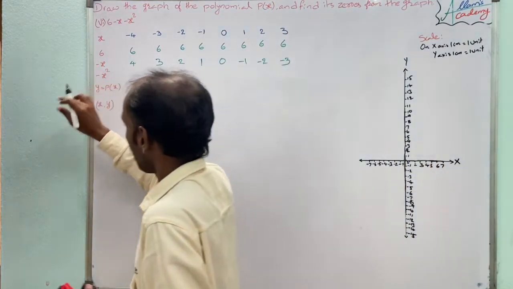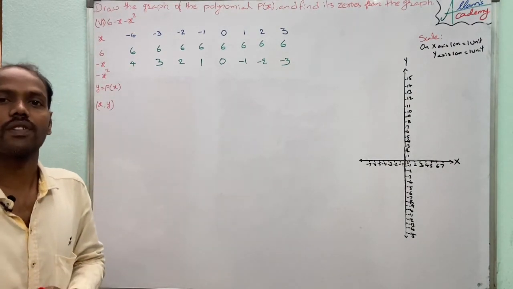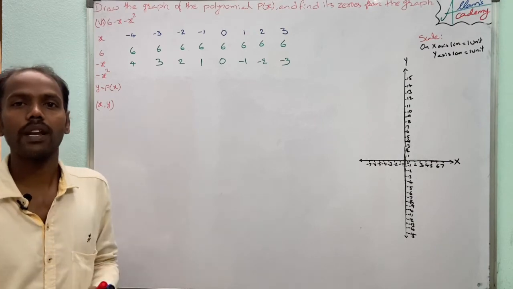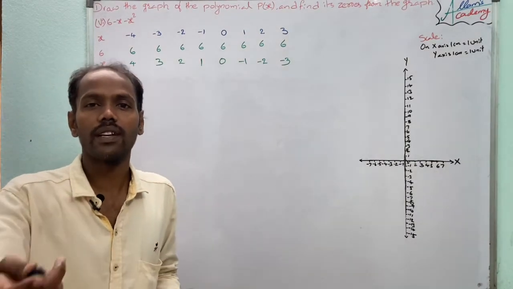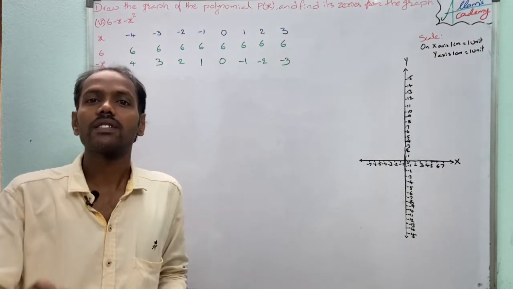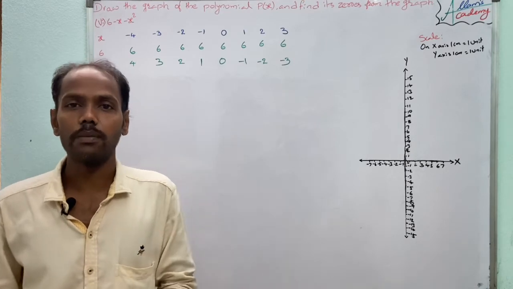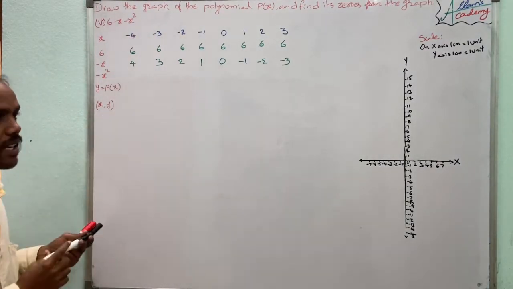Next minus x square: the given x values are squared and multiplied by minus. Squaring a positive or negative number gives a positive number only, and multiplying that with the negative symbol gives a negative number only. So simply we square and keep the minus before it.